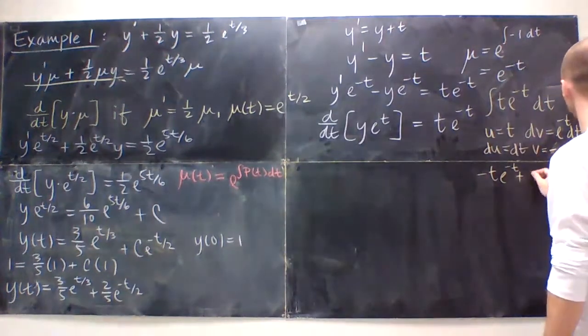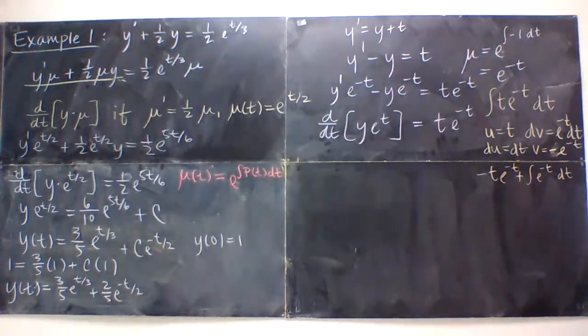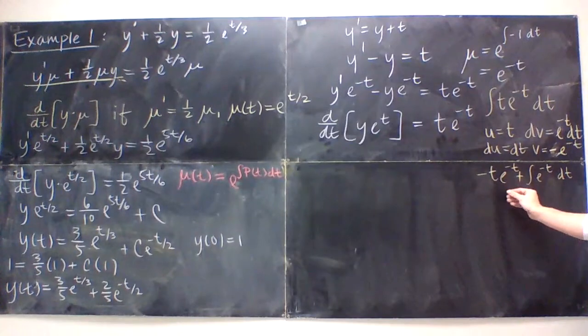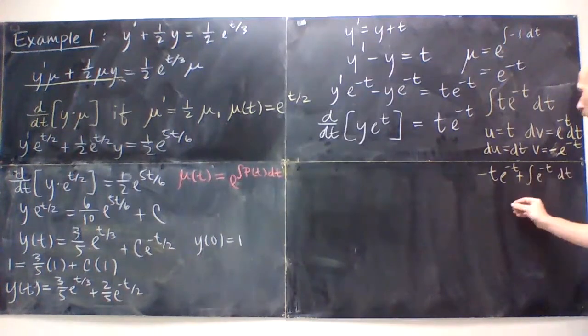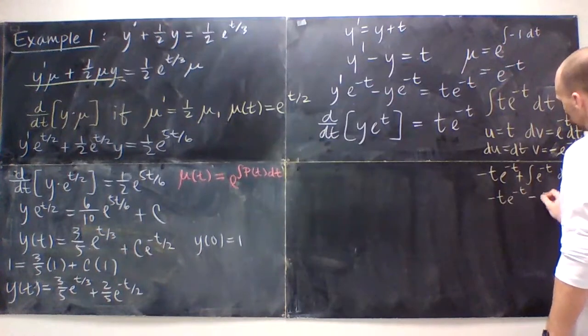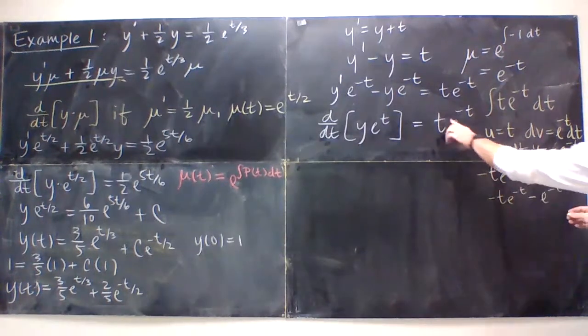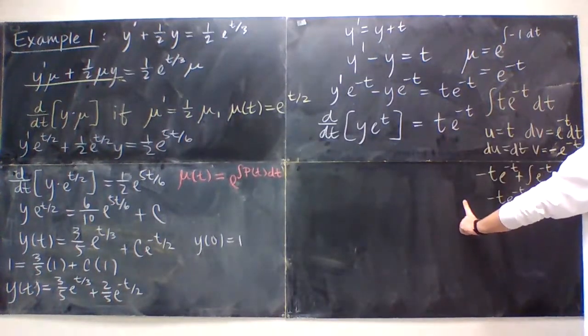So that's plus the antiderivative of e to the negative t dt. Okay. And then that's going to be minus e to the negative t. So negative t e to the negative t minus e to the negative t, plus c. But I'll drop this down to this line.